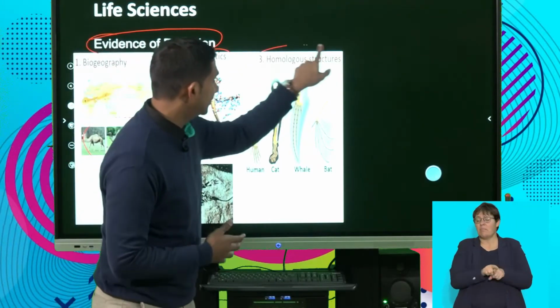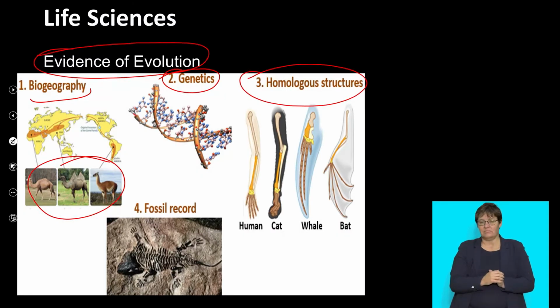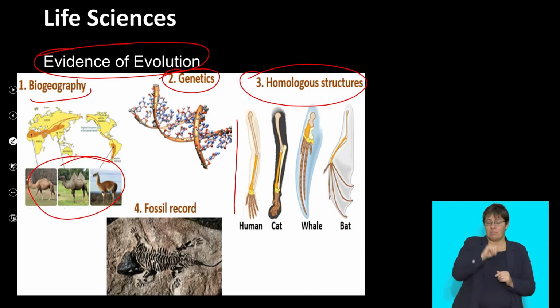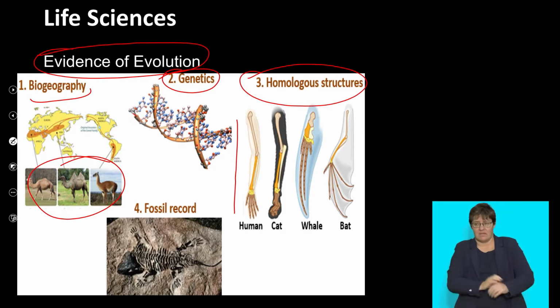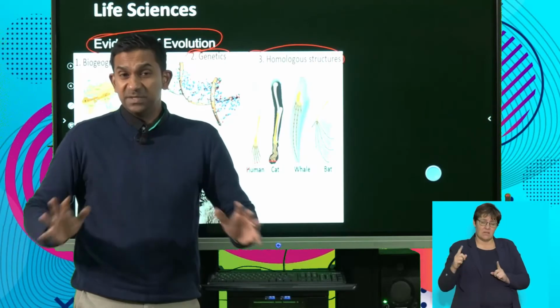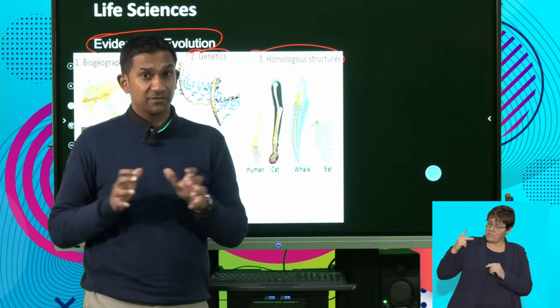We also must not forget that we have homologous structures, structures that are similar in structure but different in function. So we talk about the pentadactyl limb, the 5-digited arm. The pentadactyl limb, which is similar, all points to a common ancestor from which these forms of life have all diverged.